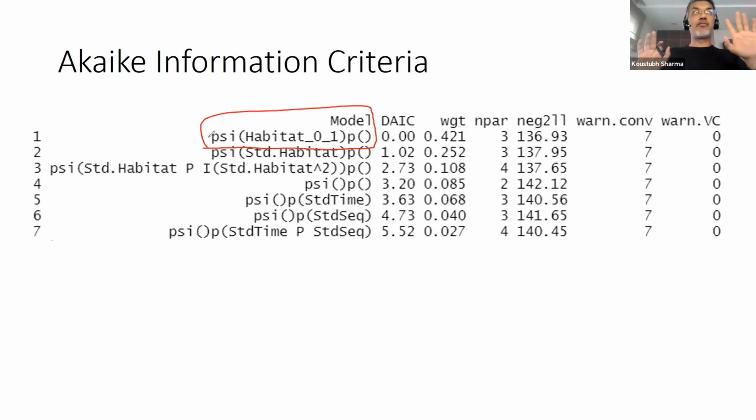So the probability of use of habitat green versus habitat gray was significantly different. That's what this model is suggesting.